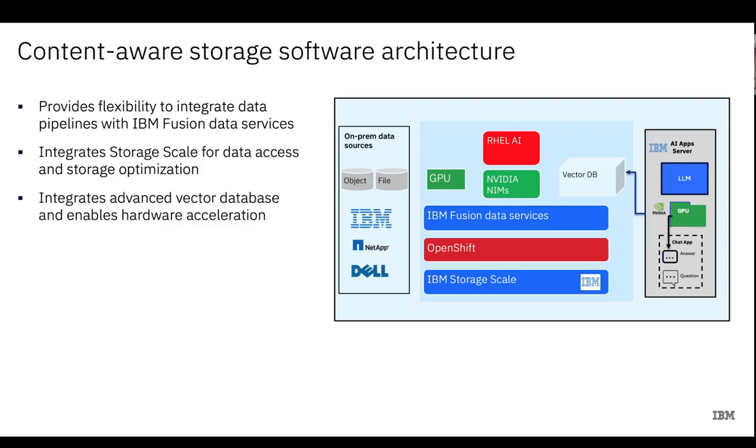Okay. This is a high-level architecture of what we provide as part of CAS. Here, we built on a technology called IBM Fusion, and Fusion is available as a software as a service on public clouds, not just IBM Cloud, but on other clouds such as AWS, Azure, and GCP.